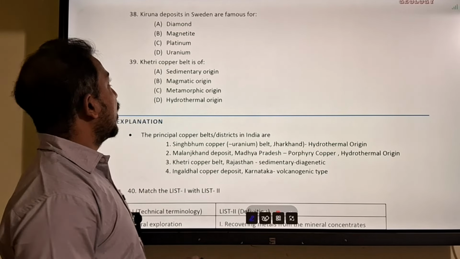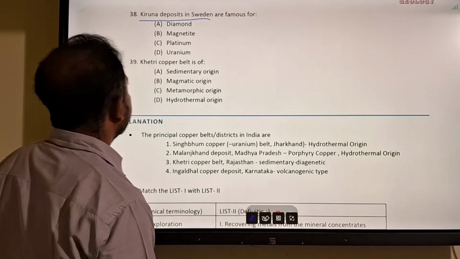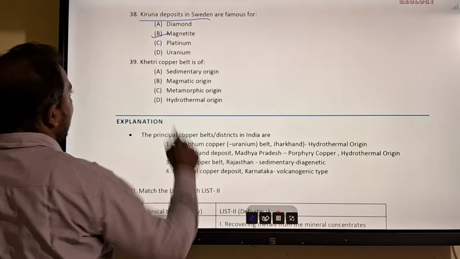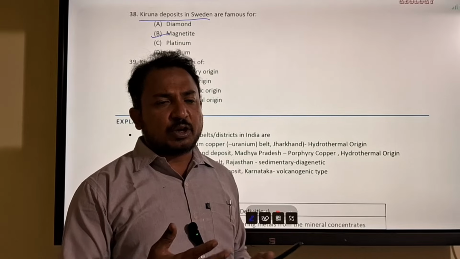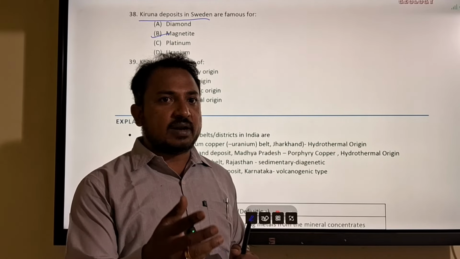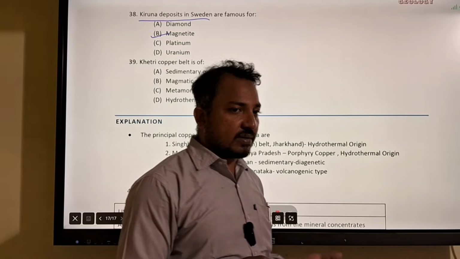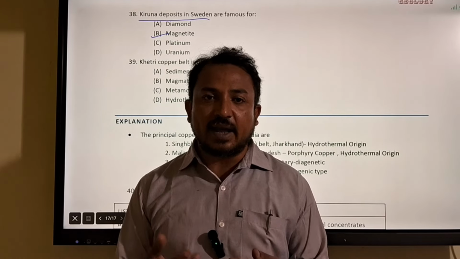Next comes the Kiruna deposit. It is in Sweden. It is an early magmatic deposit. It deposits magnetite. Mostly, if you face any economic geology question, the questions are mostly related to India, because in our syllabus it is given as economic or mineral deposits in India.